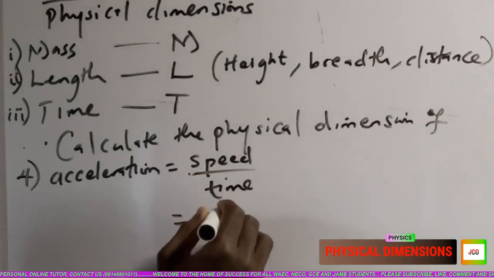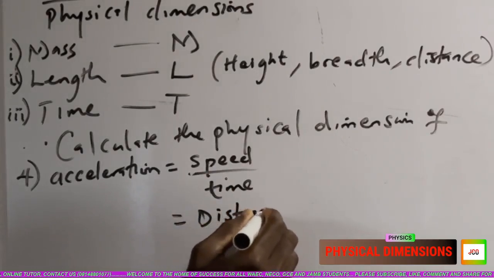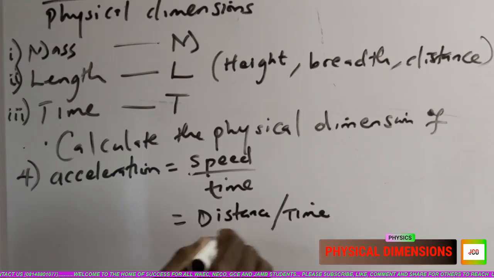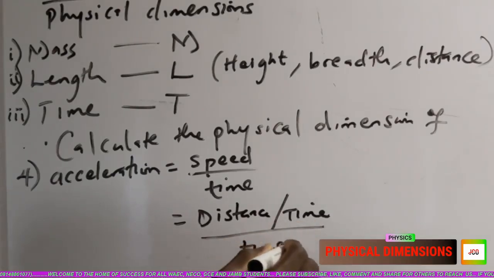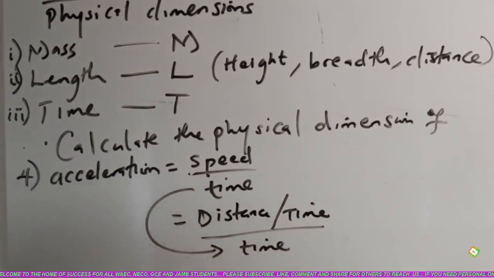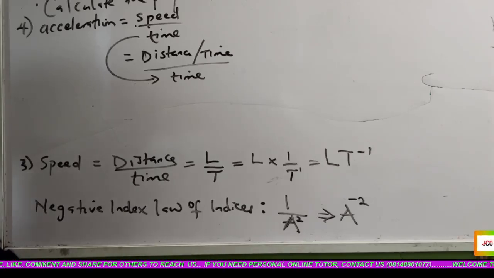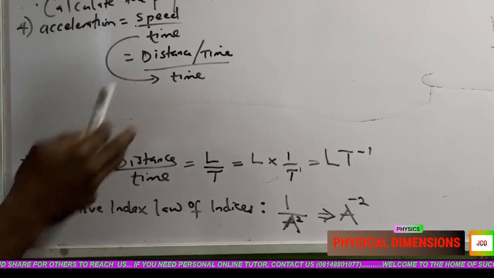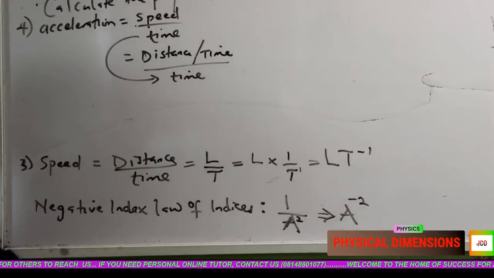Speed is actually distance over time, and everything all over this time. So at this point now, they're actually in line. The next question, I'm going to change the way I'm writing it so that it becomes very clear.